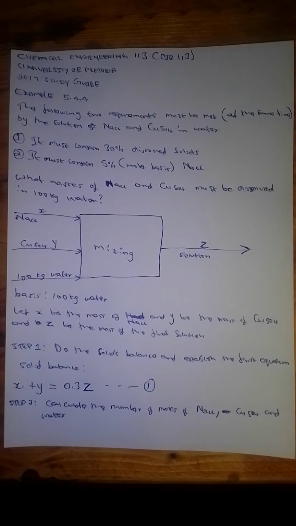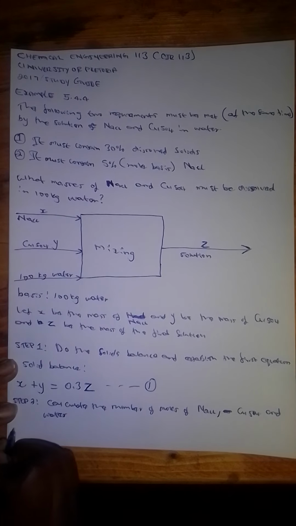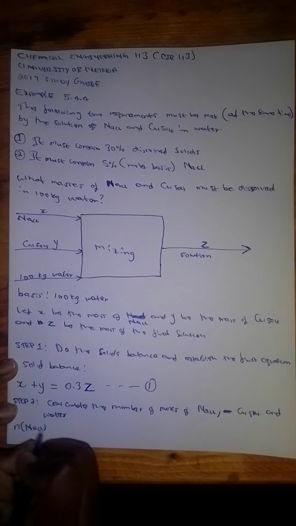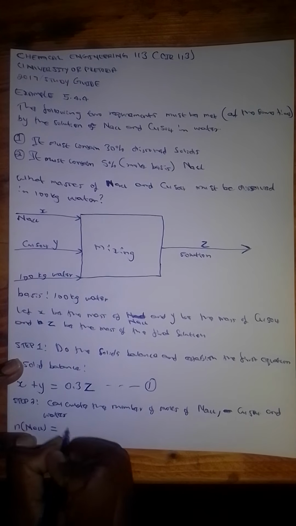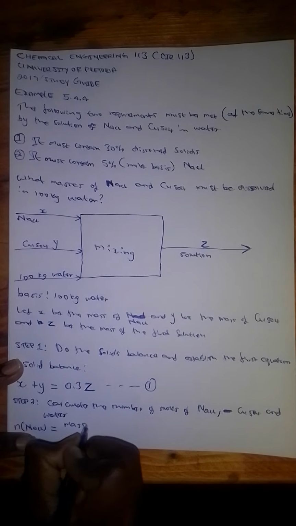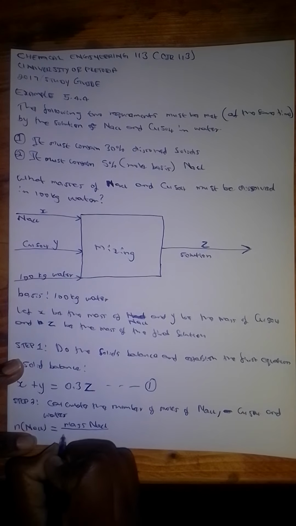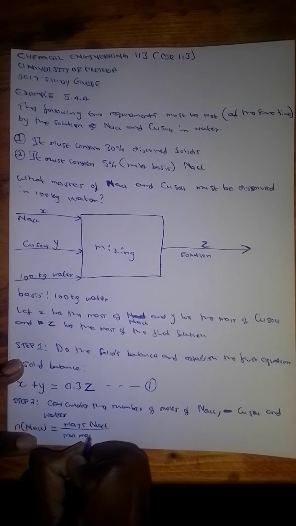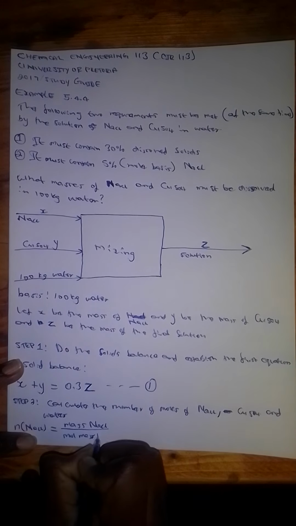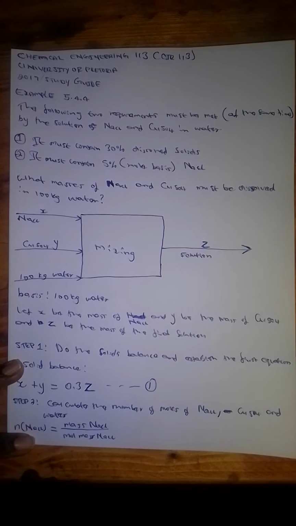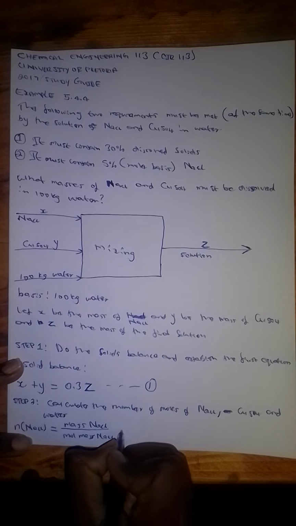So that is actually our step 2. And with that said, we can just start with NaCl. The number of moles of NaCl is equal to, we know that it's actually the mass of NaCl all over the molar mass of NaCl.